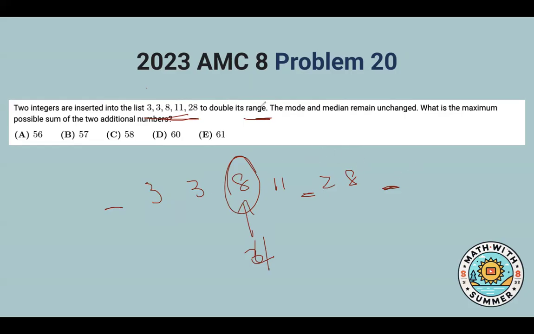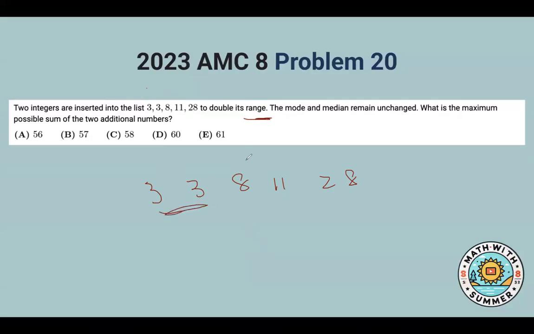And then a range is just the difference between the smallest number in the set and the largest number in the set. And then the mode is the number that is most commonly featured in the set, right? So right now, our most common number, the one that appears most often with the greatest frequency, is 3.